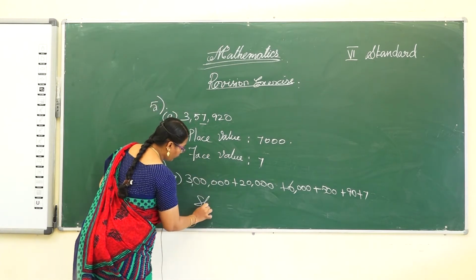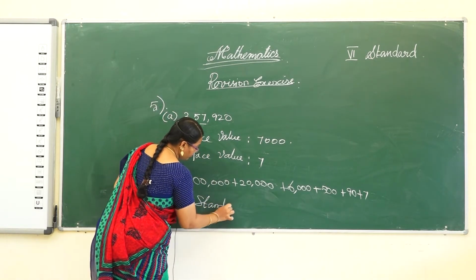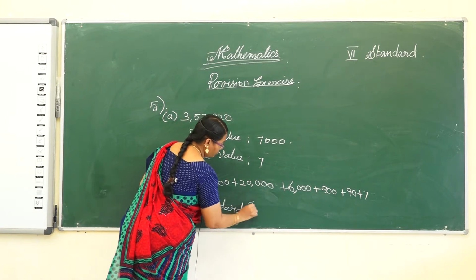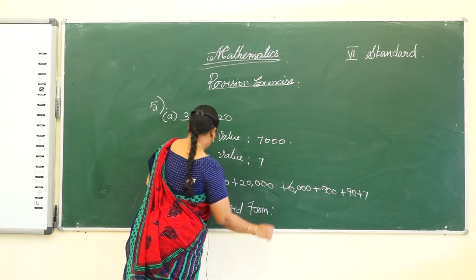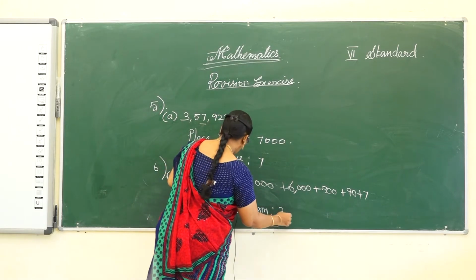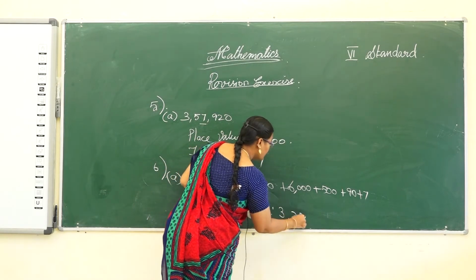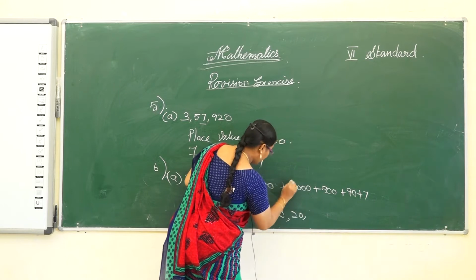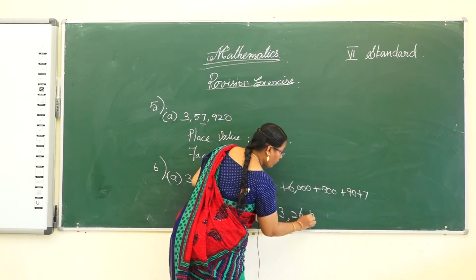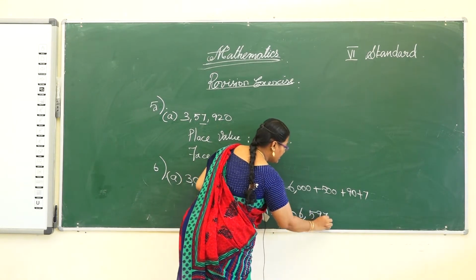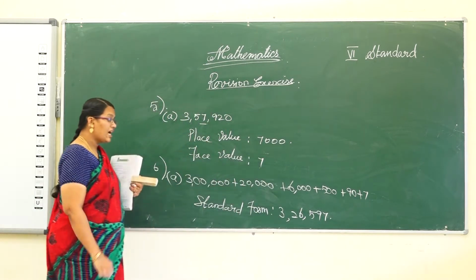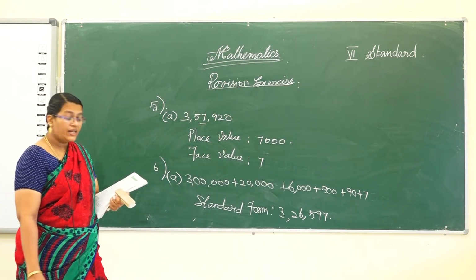So the standard form is 3,26,597. It's the answer for this standard form of the given expanded form.